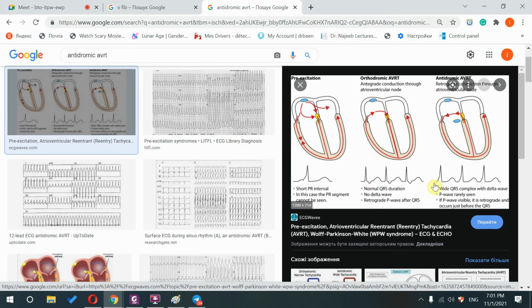If you have everything positive, it's antidromic. If you see a retrograde P wave, like this P wave inverted, backward, this is orthodromic.